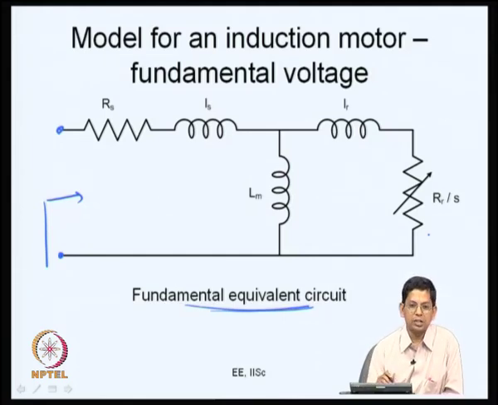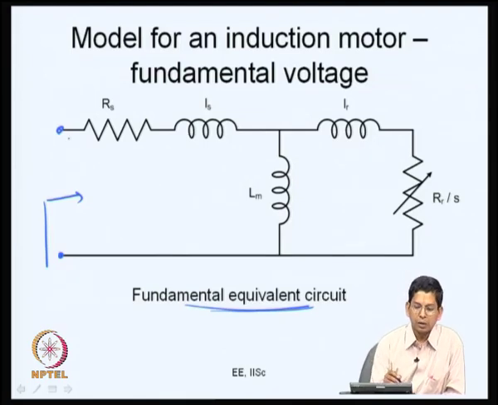So, this is an equivalent circuit. What do we mean by that? When some fundamental voltage is applied, the current drawn by the machine is the same as what this circuit draws. That is, the terminal relationships are the same.